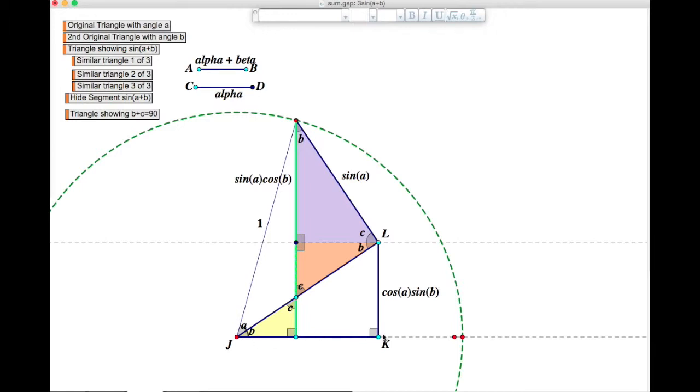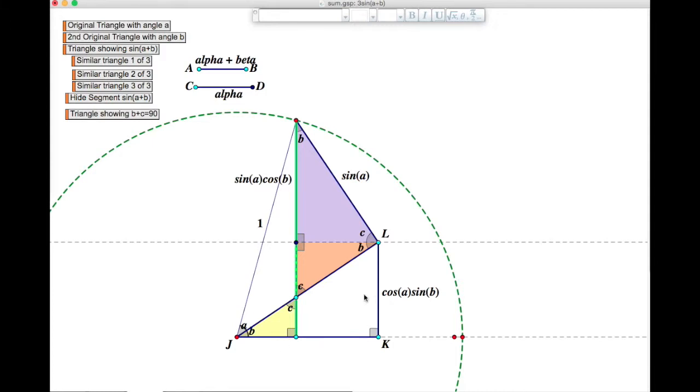As you can see, we constructed parallel lines, a line parallel to JK through this point L. Looking at the orange triangle now, we see that there are vertical angles that exist with this angle C. So these two angles are equal, and that is because they're split by this transversal JL.